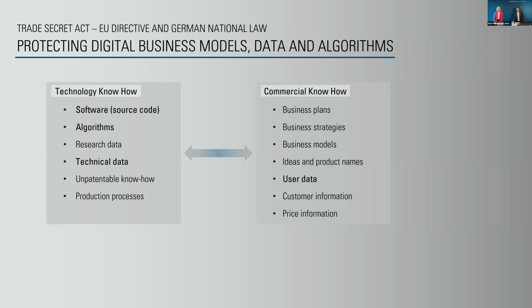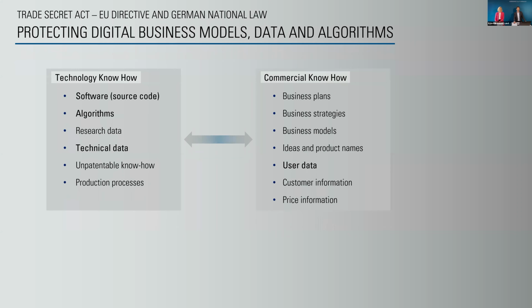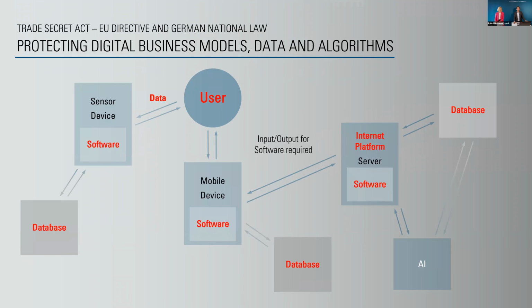But as soon as it becomes public or your measures are too weak, you might lose your protection for it. We see here again where it might have relevance: the database and the software side, where trade secrets may be very relevant.